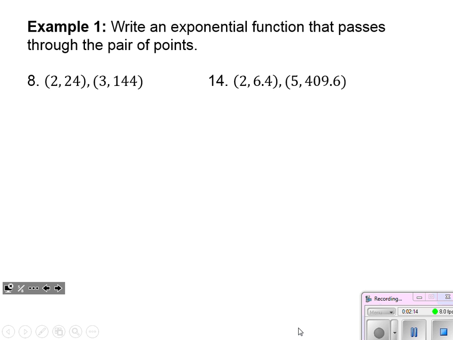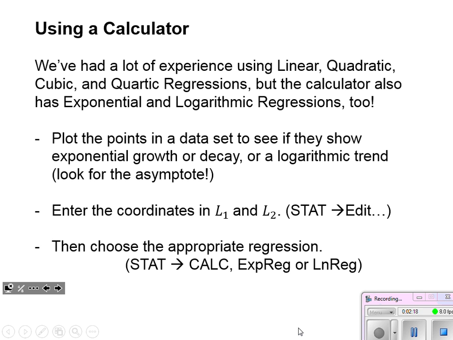And I should say, before I move on, that these regression equations are going to be a best fit curve. It's not going to be an exact equation, but it will approximate the points using not a best fit line, but a best fit exponential equation or a best fit natural log.